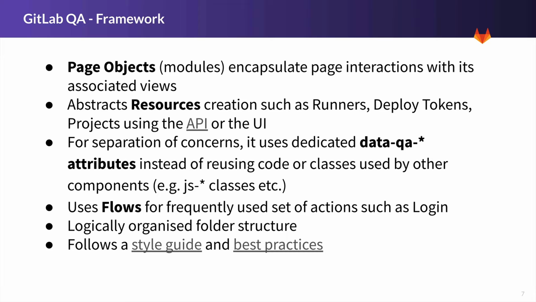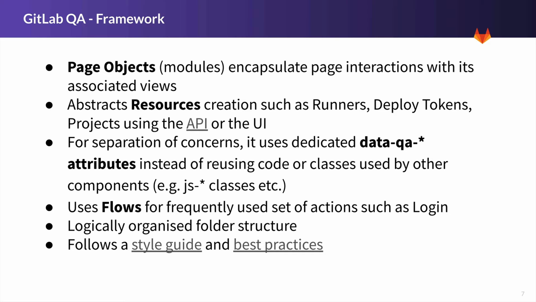As another really important part, and this is probably the most familiar part for any end-to-end test framework, these are the key points to highlight in our framework. We are using page objects. This is basically to encapsulate interactions, and where we can associate selectors to a particular view.